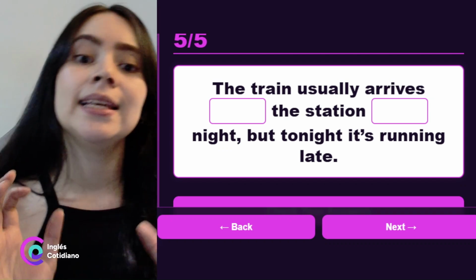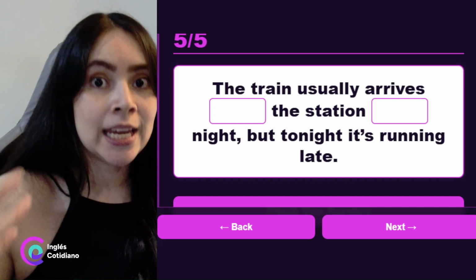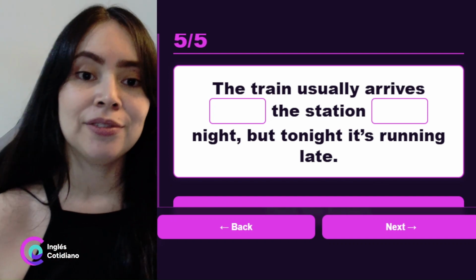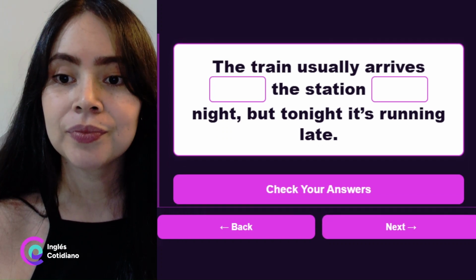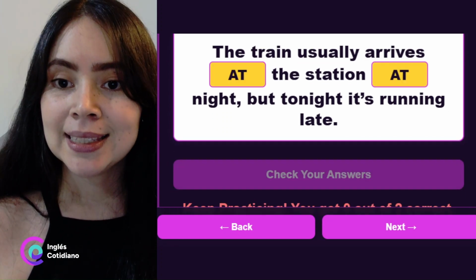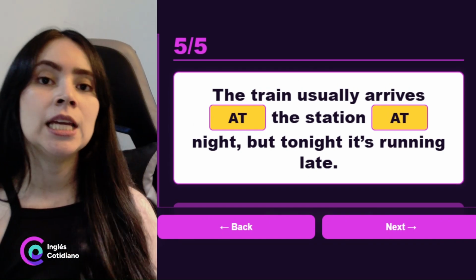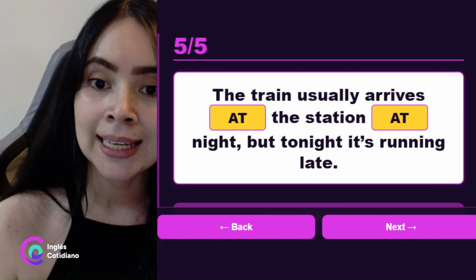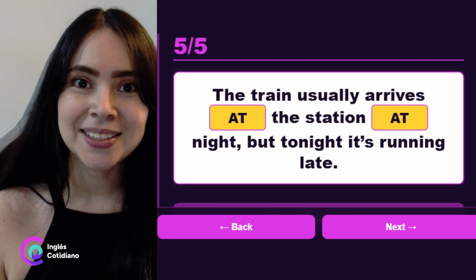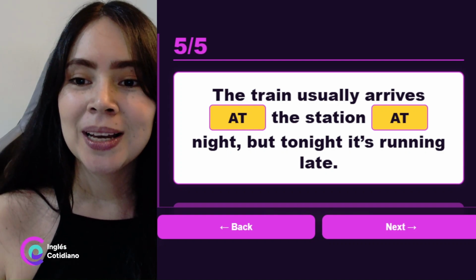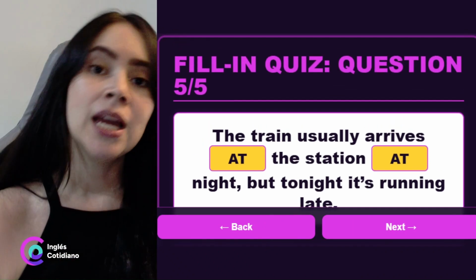In this case, this example is about place, but we will see this later in a different lesson. So here we are going to say at the station, at night, but tonight it is running late. So this was the end. This was the lesson for today.